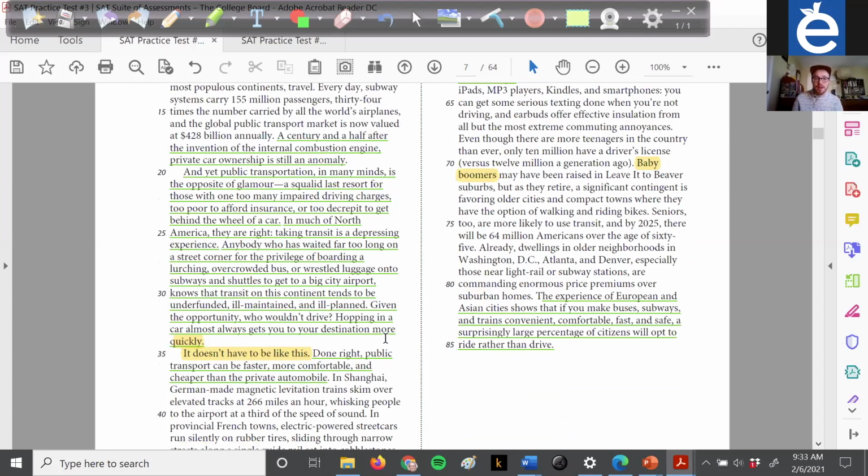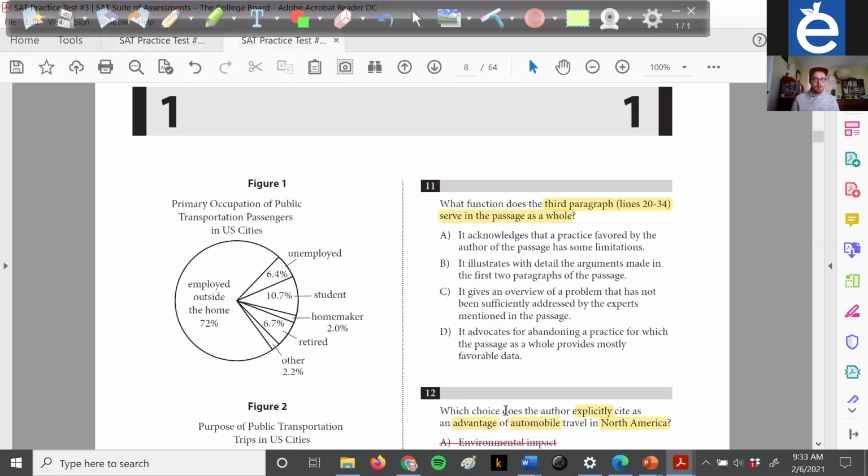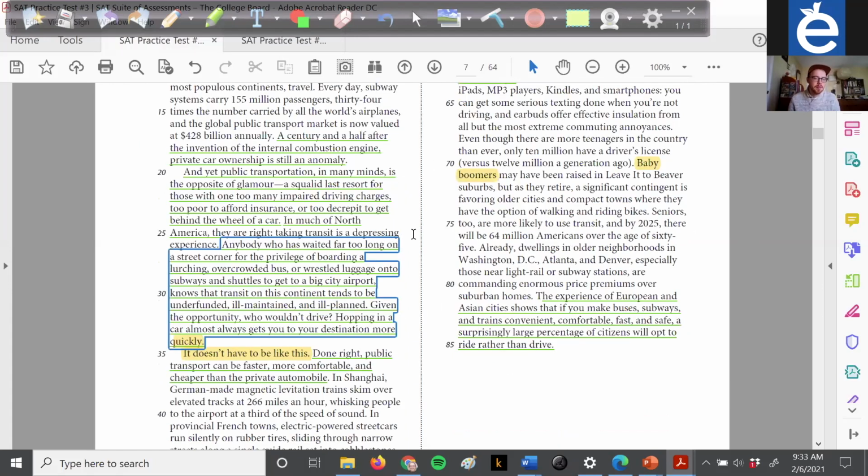The author is acknowledging here that there are some definite drawbacks to public transit in North America. So what are some synonyms to what we're finding here? Well, we might think of disadvantages. We might think of, like I said, drawbacks, inconveniences, undesirables.